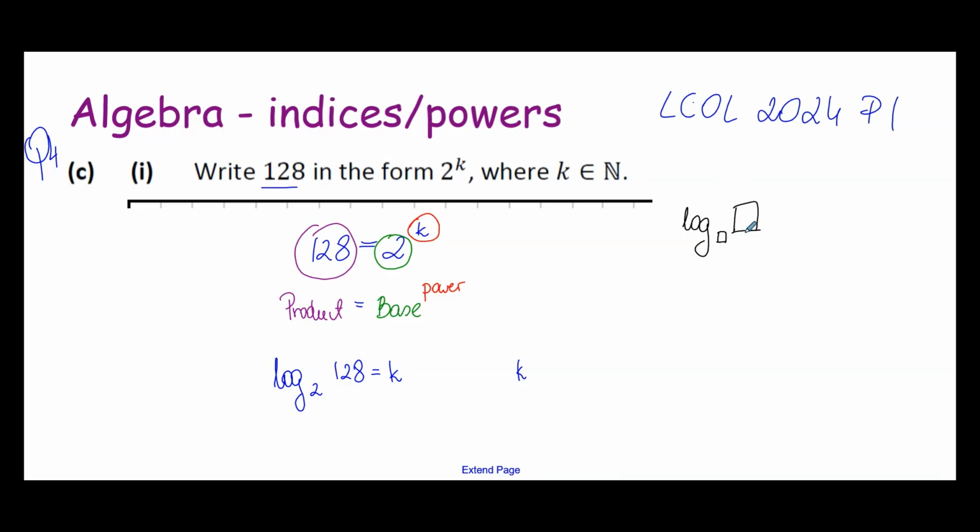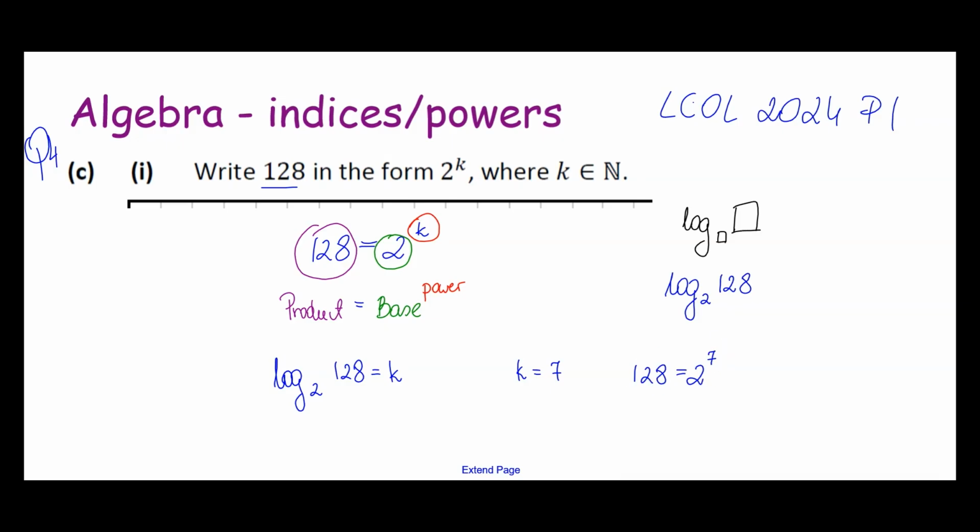In the small space you put 2, and in the big square or rectangle you put 128. When you press equal, you get the value 7. So 128 can be written as 2 to the power of 7, still the same value.